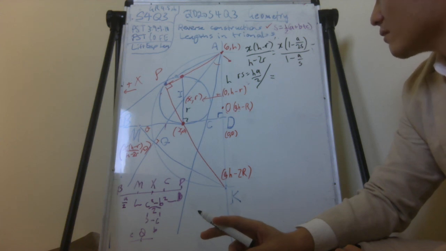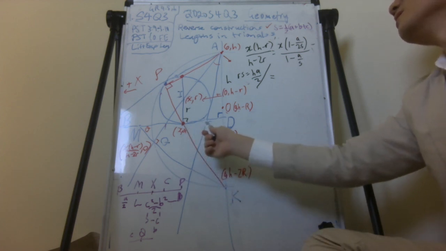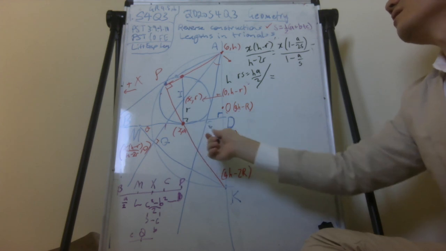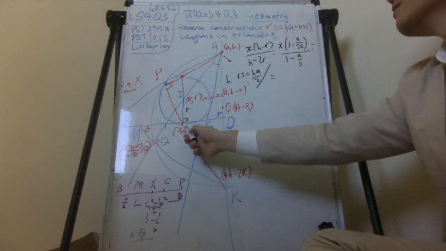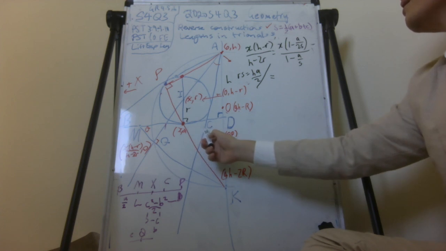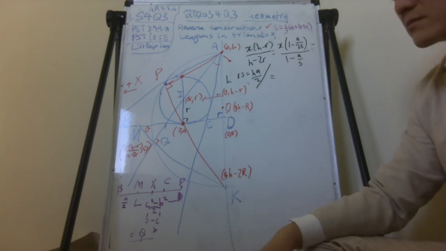We could do X minus C, get that part. Or we could do X minus this part. You think I would get X?